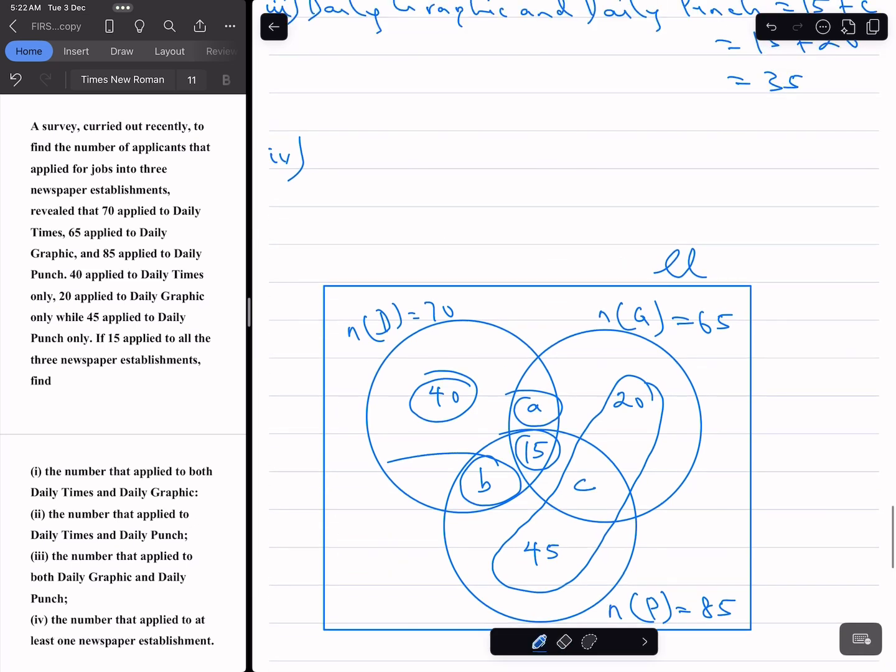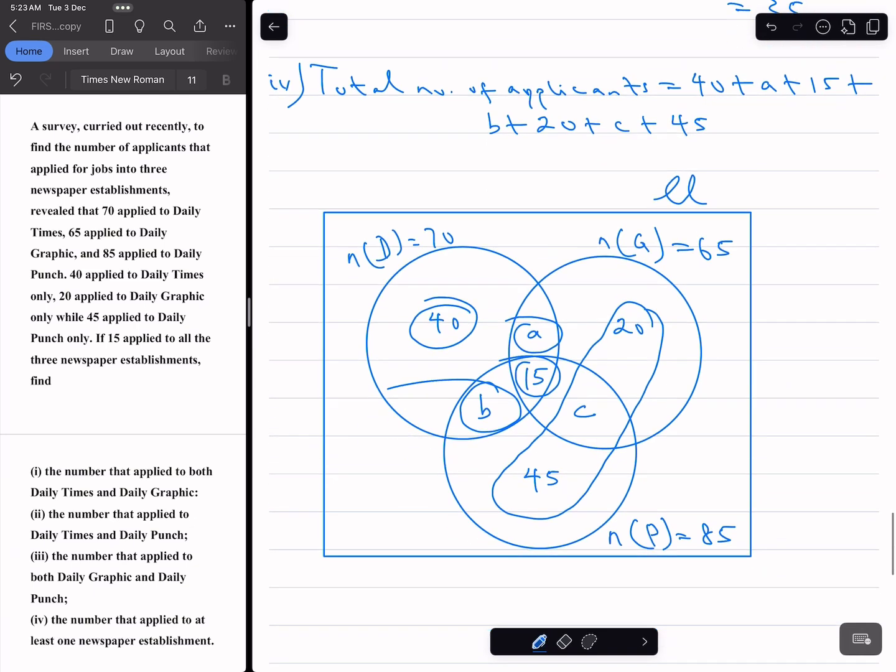So the total number of applicants that applied to at least one newspaper establishment will be equal to 40 plus A plus 15 plus B plus 20 plus C plus 45.